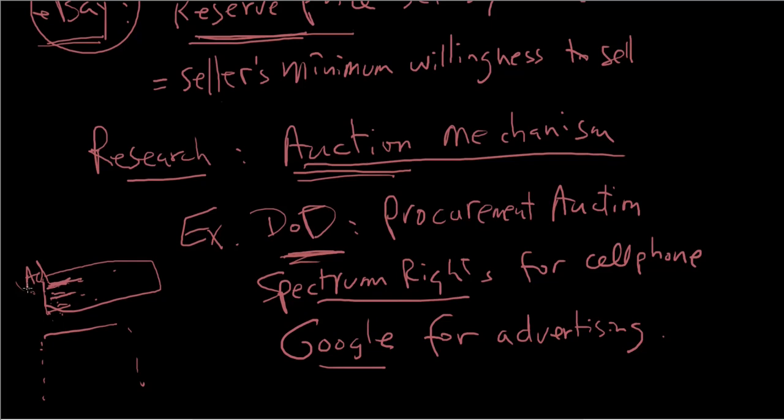If you want to market yourself, you have to place a very high price for this advertisement slot. So first slot, second slot, third slot, etc., right? Google's main income source is advertisement, and those advertisement slots are sold off using an auction mechanism.